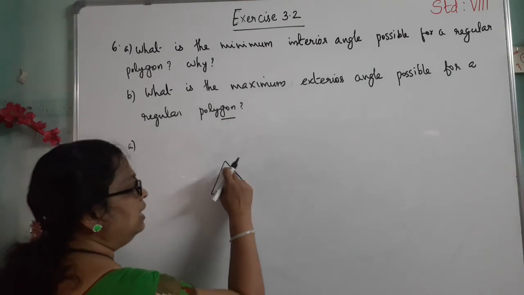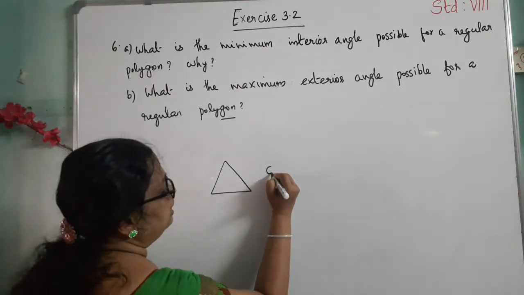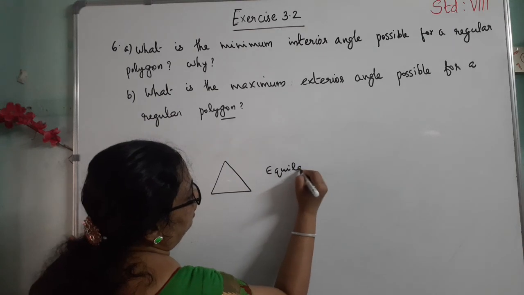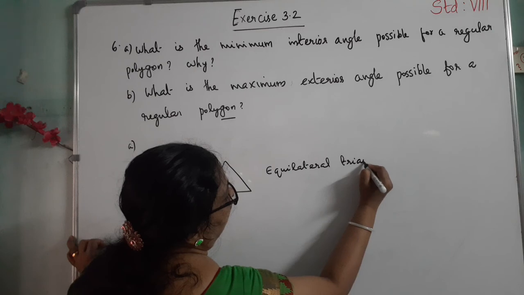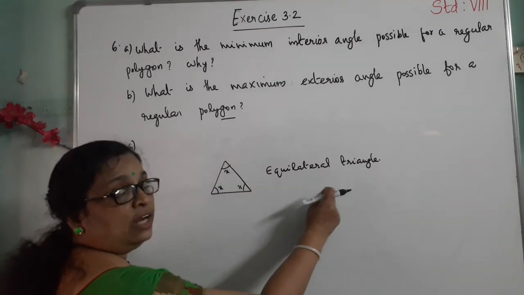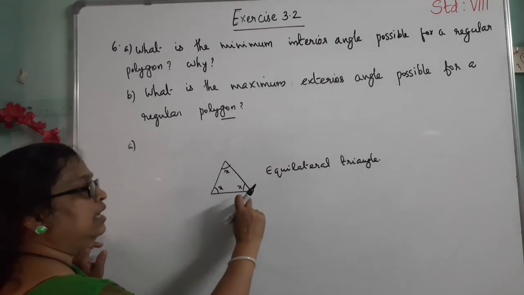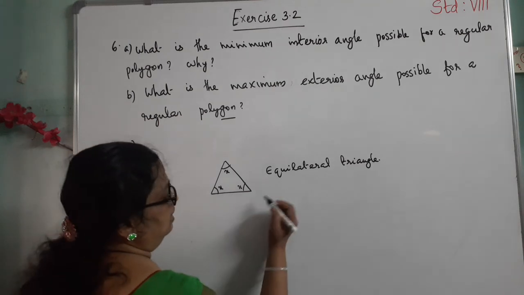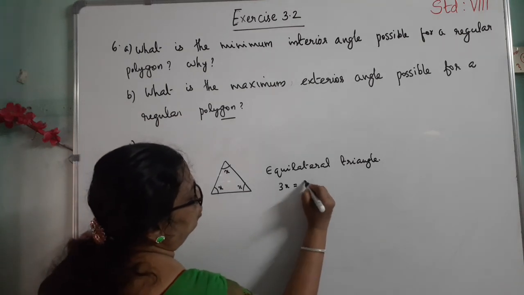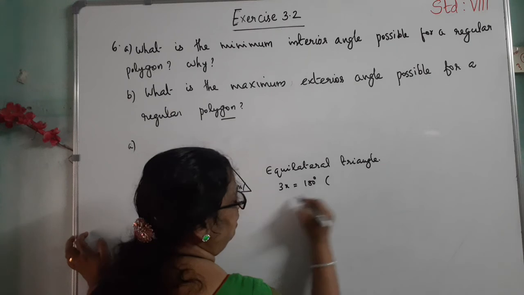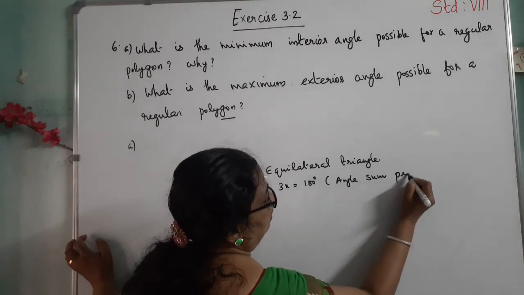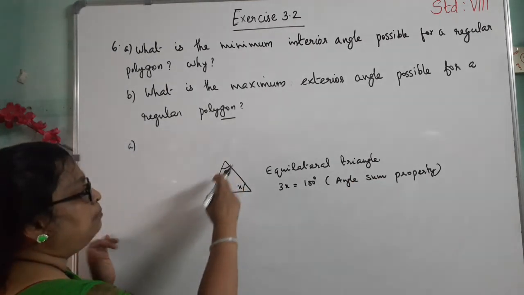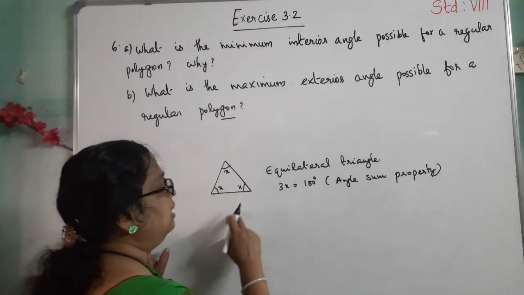We know that if the 3 sides are equal, it is called an equilateral triangle. In an equilateral triangle, the 3 angles are equal. Let each be x. Then 3x equals 180 degrees, by the angle sum property: the sum of the angles of a triangle is 180 degrees.